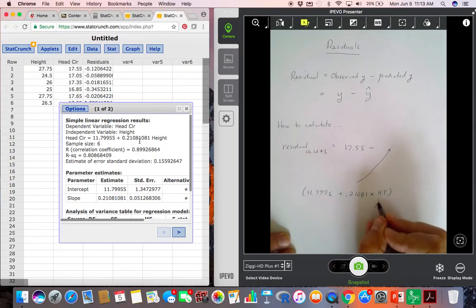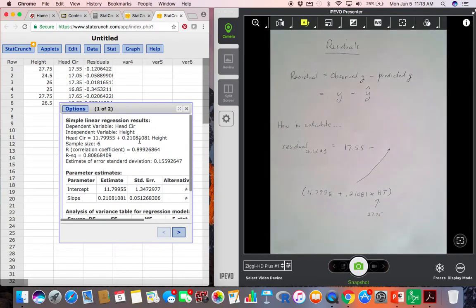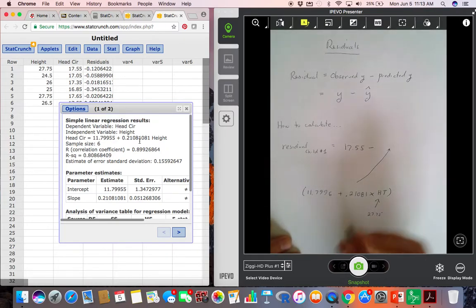What we want to do is put in the height for this kid, which is 27.75. So I'm going to do that real quick. And I get 17.65.